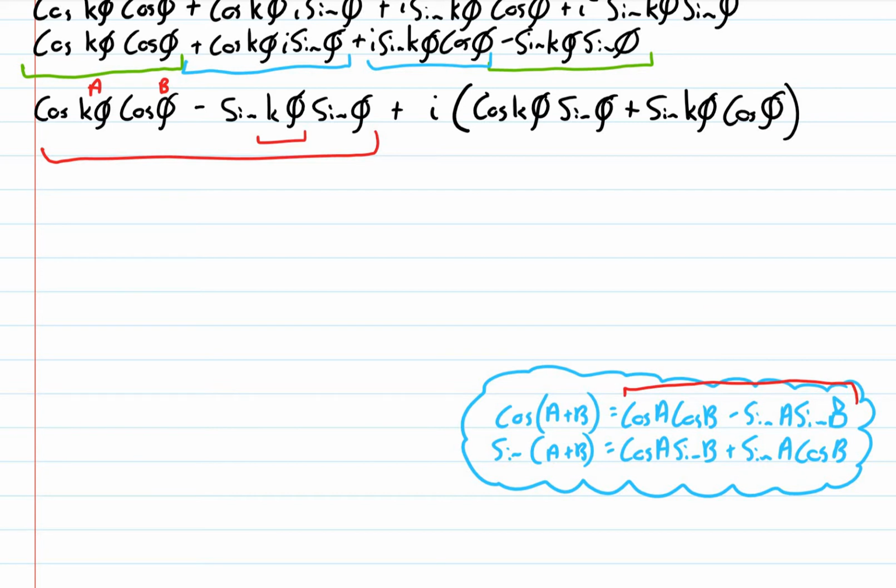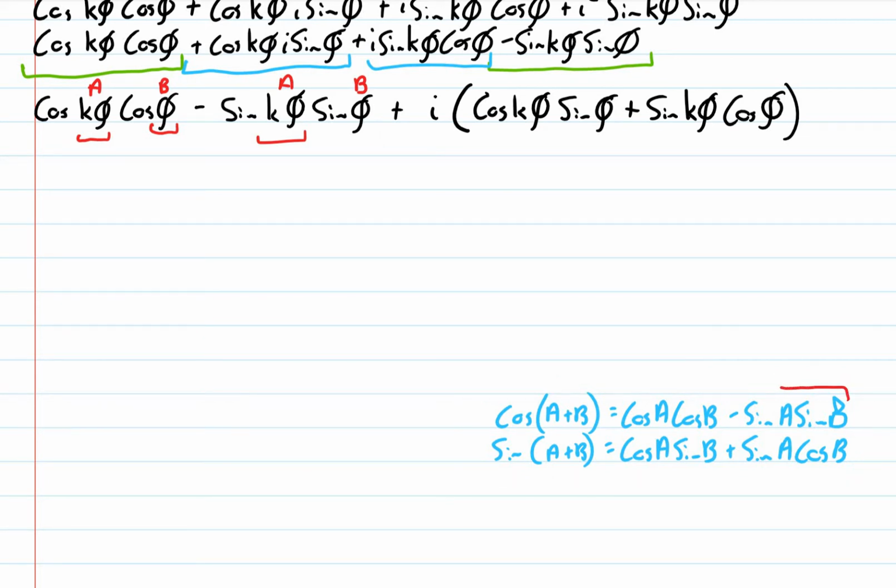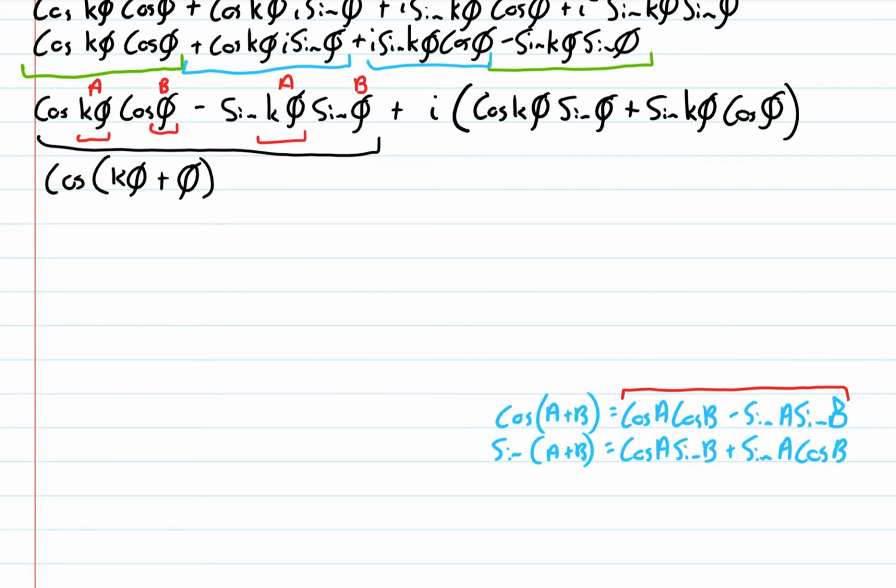I just have to call the k theta A and the theta B. So basically I can say that's the same as cos A. Now what did I say A was? k theta, plus the B I said was theta. So I've got that bit simplified to this.